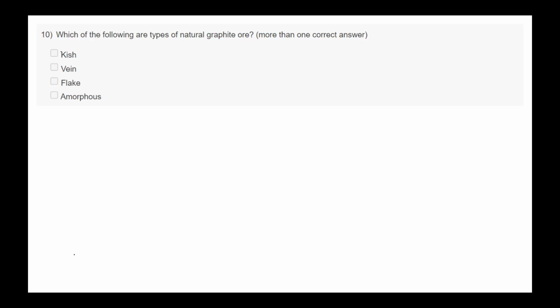Yes or no? Okay. Is flake an ore or not? So these three are natural graphite ores.